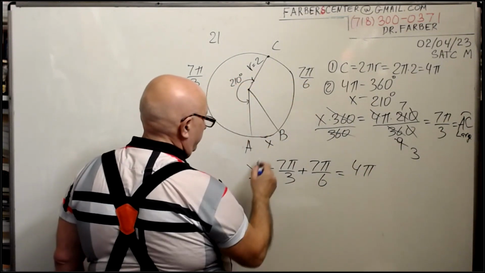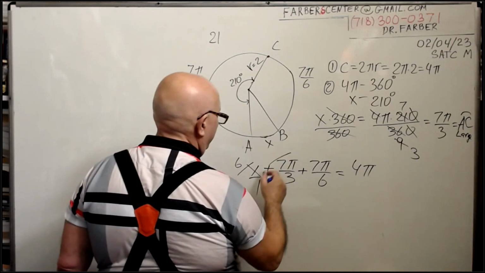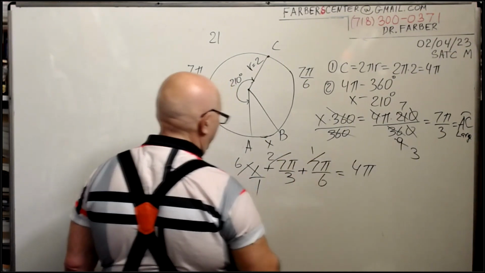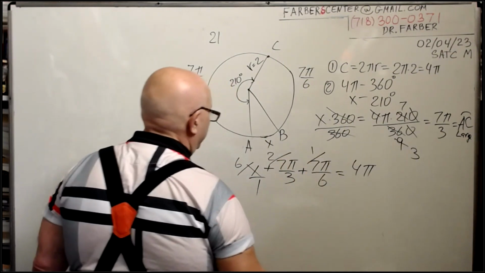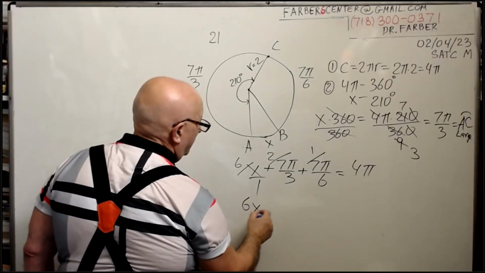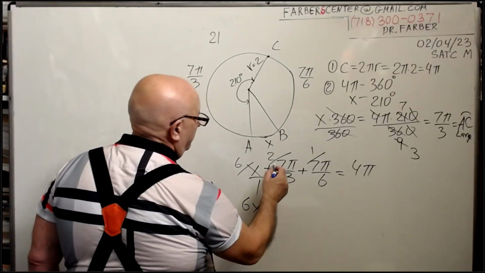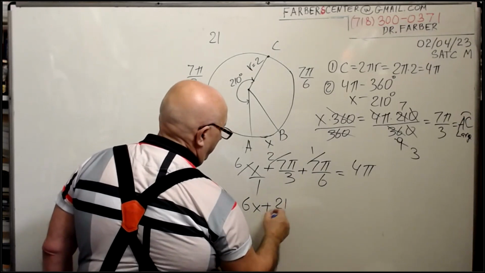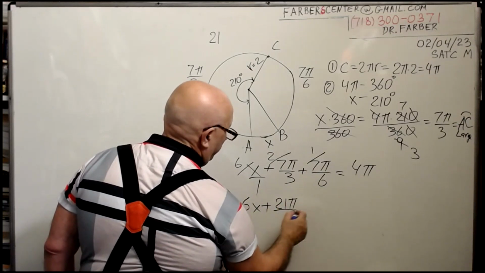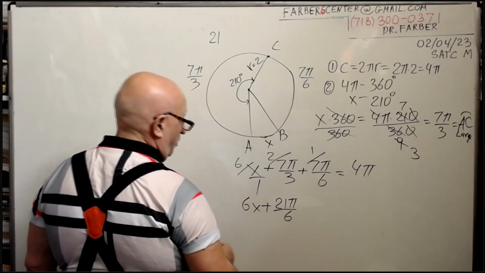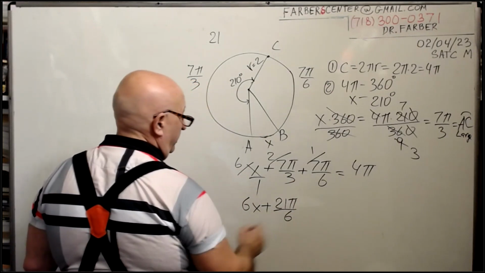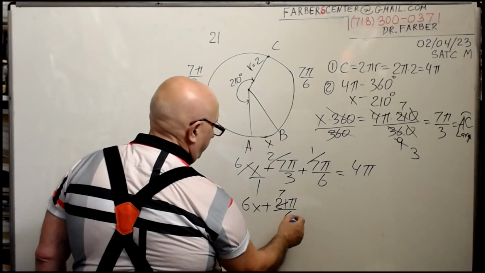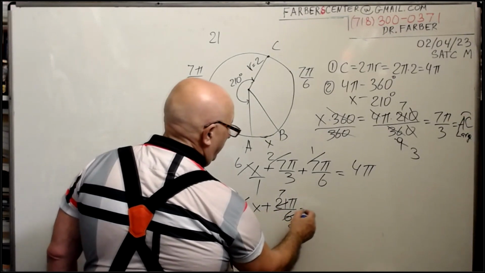Okay, LCD 6. You have 6x plus 14 pi plus 7 pi, 21 pi over 6, or simplified by 3, it would be 7 pi over 2 equals 4 pi.